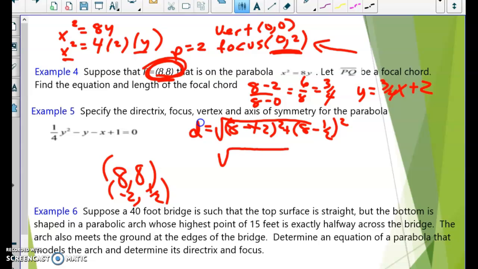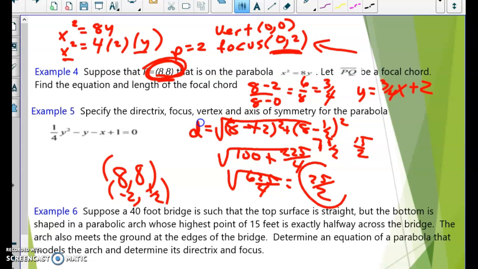And so it looks like I'm going to get 10 squared, which is 100, and 7.5 squared, which is 15/2 squared, gives me 225/4. Adding gives 625/4, square rooted, which gives me 25/2.